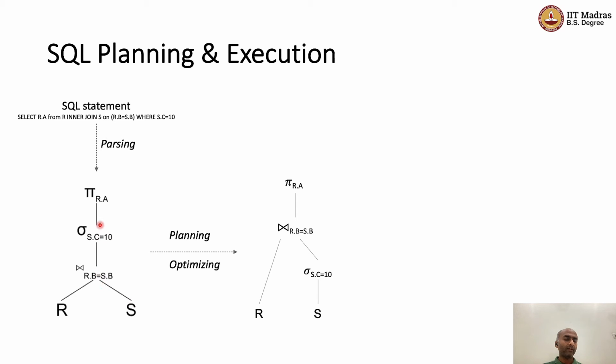If that's how it's going to get physically executed, that's a lot of wasted effort, because all those joins for those data records where the value for C is not 10 are not required.